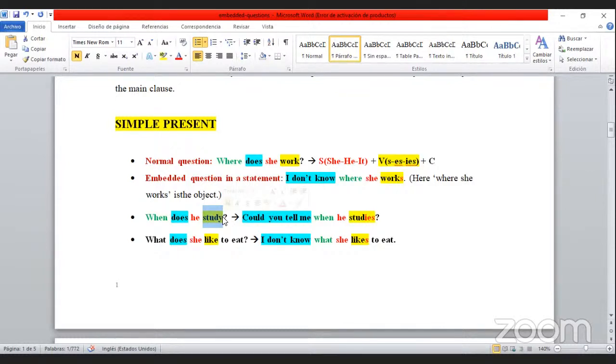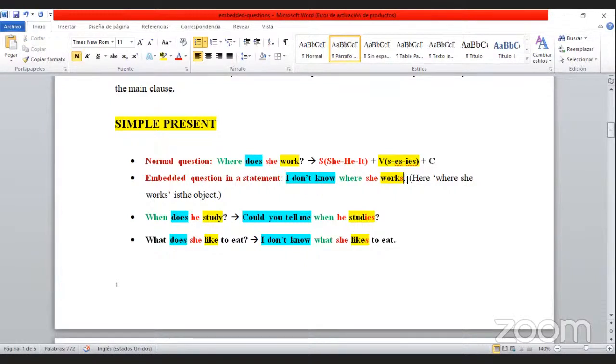So if you can realize here, we can see that we have two kinds of embedded questions. Some embedded questions that we use with subjects, for example, I don't know. When we use an embedded question that starts with a subject, at the end of the sentence, we only have to put a period, okay?